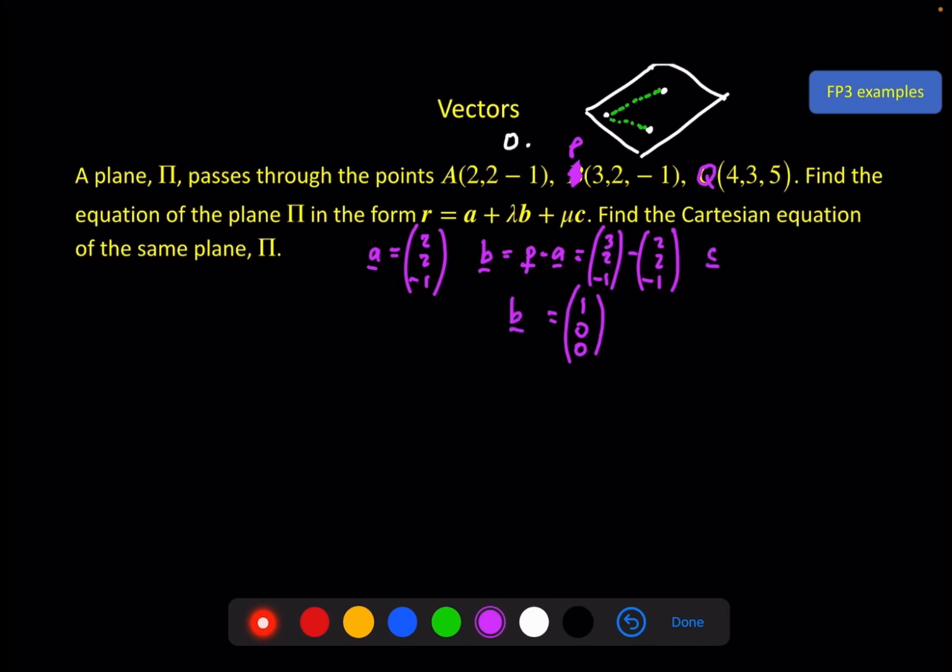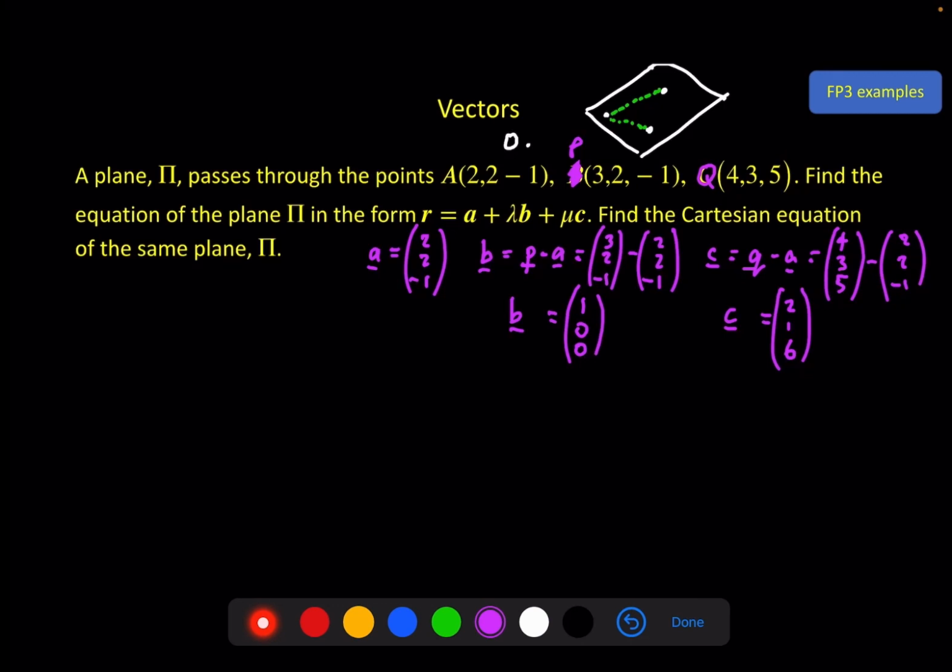And then c, a non-parallel vector in the plane, will be Q minus a. And that will be 2, 1, 6. So I've got a, b, and c.